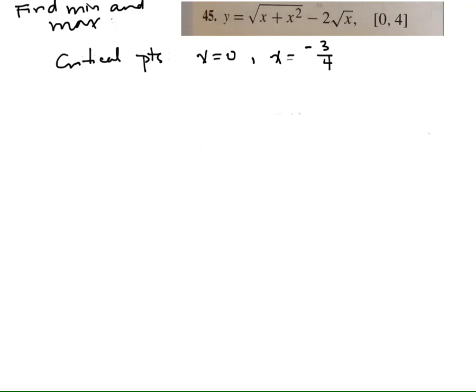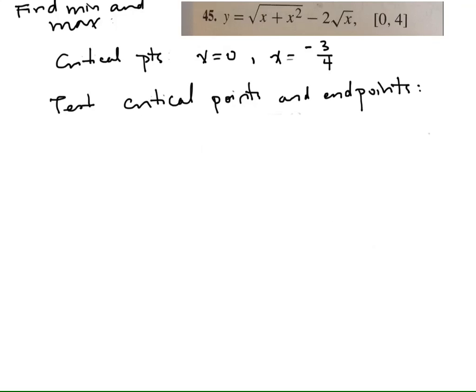So we actually will not consider that critical point. We only look at the critical points that are in our interval. So we want to test our critical points. And we want to test the endpoints of the interval we care about. These are our candidates for where the minima and maxima are. So let's see, y of 0, y of 4. There are no other critical points or endpoints.